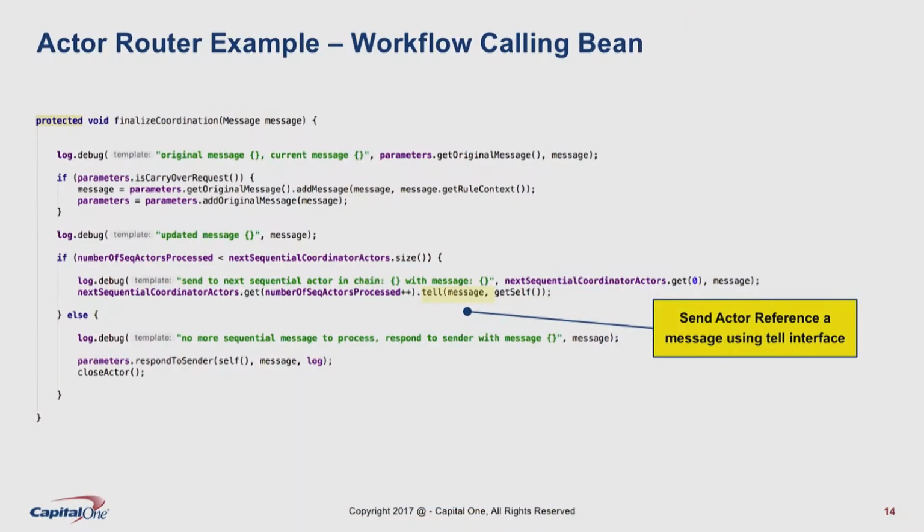So this is the actual actor, a piece of the router code where we're calling a bean. We have a couple things going on here. We have the concept of carrying over all the previous request messages. So if we're folding in applications with credit data and other things, we pack them together. And then finally, this thing has already parsed all of the DSL, and he knows what the next sequential set of things to do are.